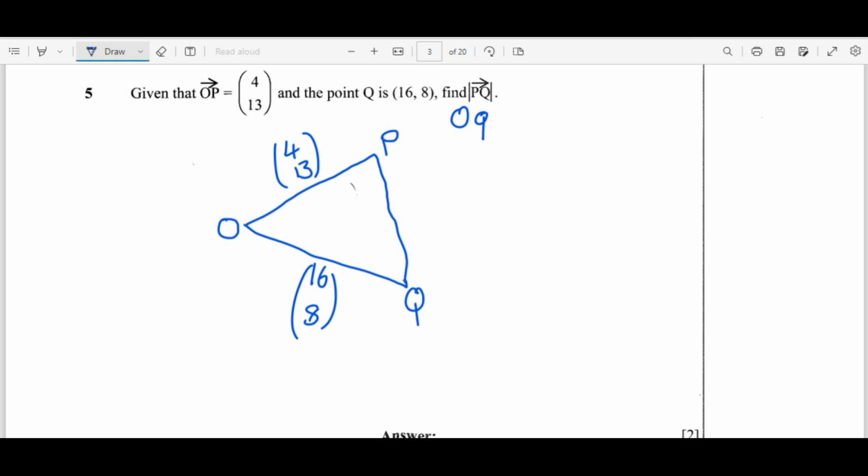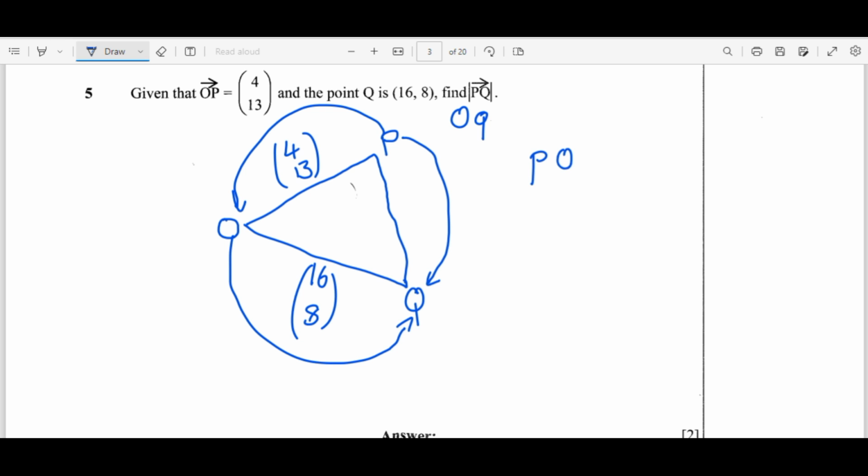So now we want the vector from P up to Q. So if we want from P up to Q, we'll move PO plus OQ. So let's do that. So the vector PQ is equal to, remember OP is (4, 13). So PO, we just have to introduce the negative since we are going against the direction.